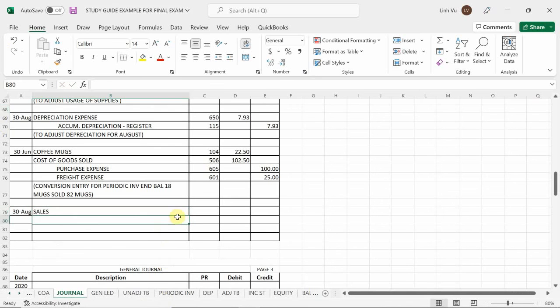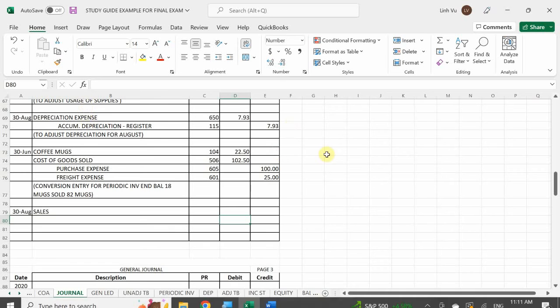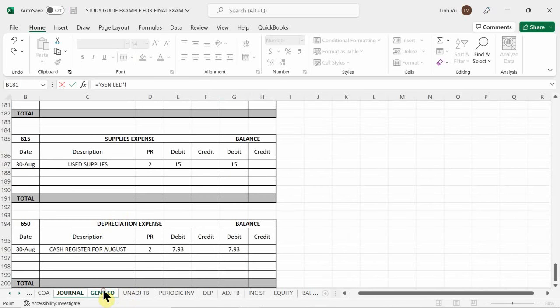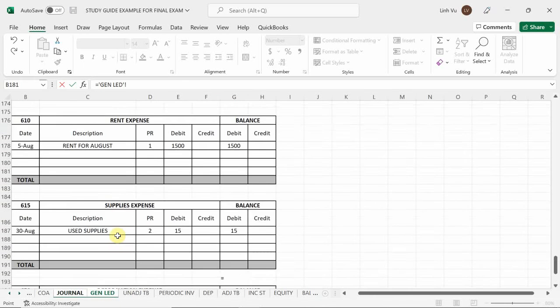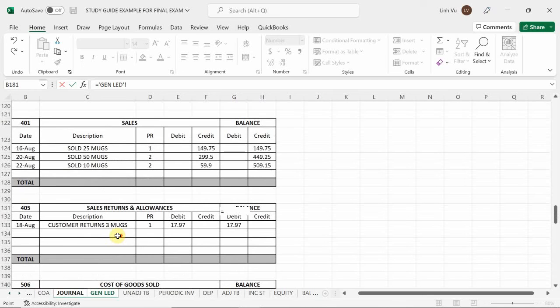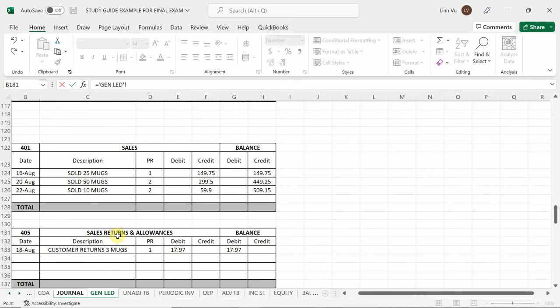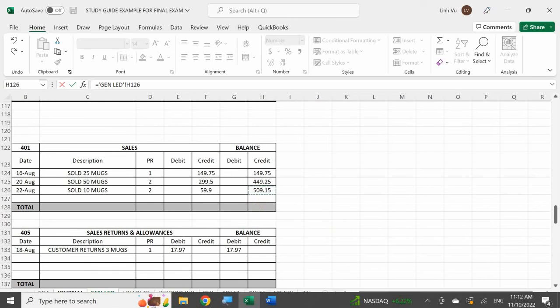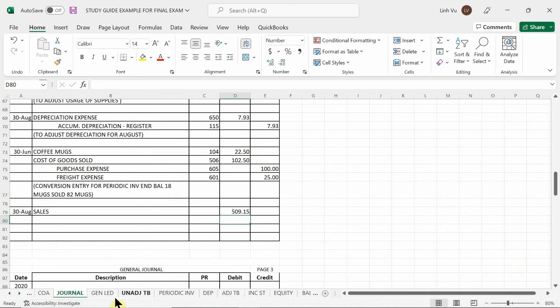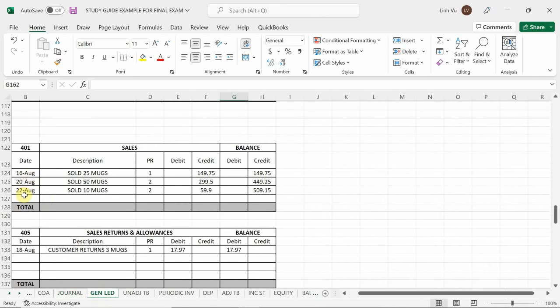So the very first account I have here is going to be my sales account, right? What's my account balance in my sales account right now? Well, hold on, let me get there. What is my account balance in my sales account? 509.15. Okay. So I'm going to go ahead and close that out while I'm here.